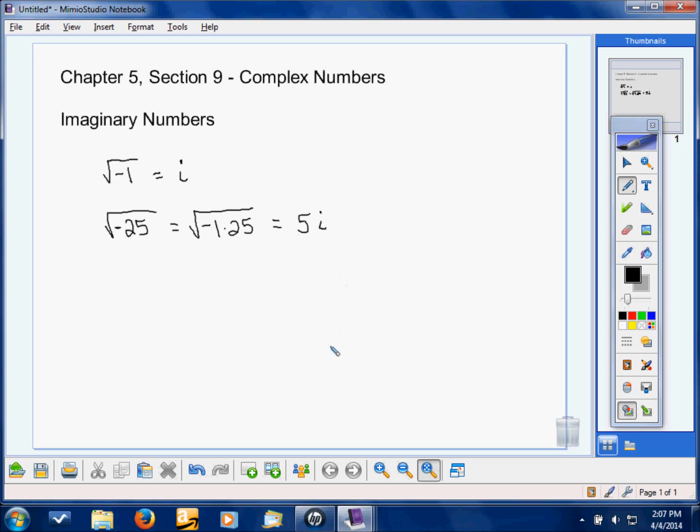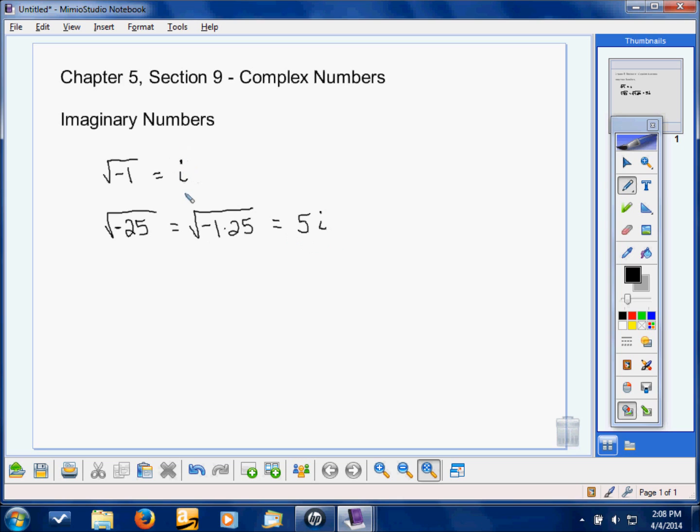Basically, the whole point is always to break it down. If there's a negative underneath, you will always break it down so that you have a -1 times the other thing, and you can simplify based on having the two parts: the imaginary part and the real coefficient.